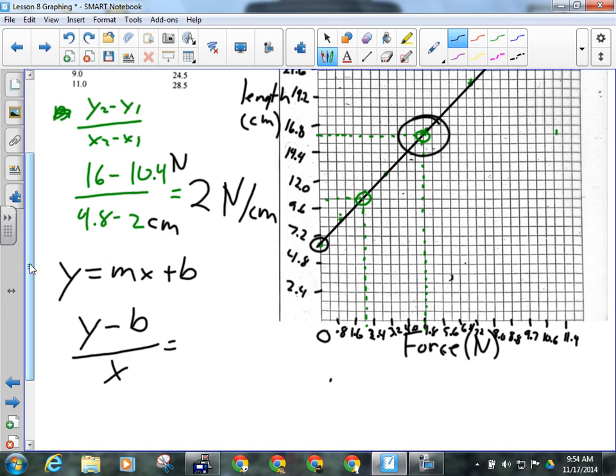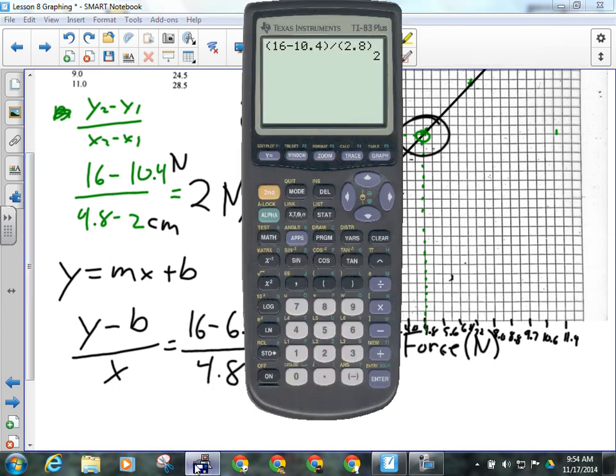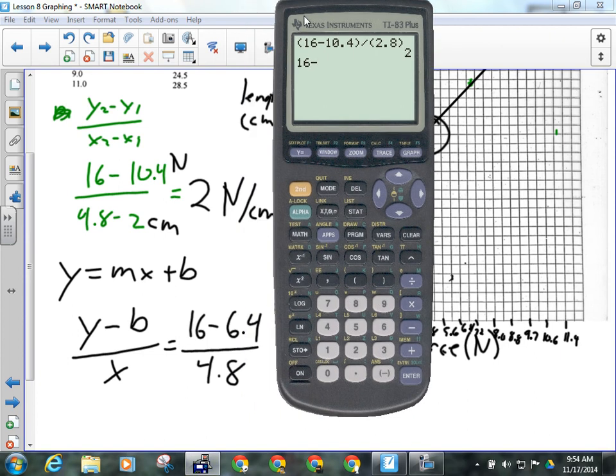So my y value here is the same as it was here, 16, minus, and it looks like we've got 6.4 there, over this x value, which we said was 4.8. 16 minus 6.4, divided by 4.8, is going to give me the same number, 2. So either way will work.